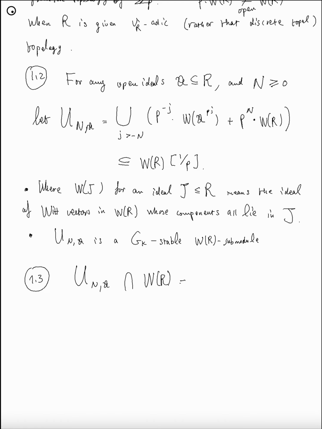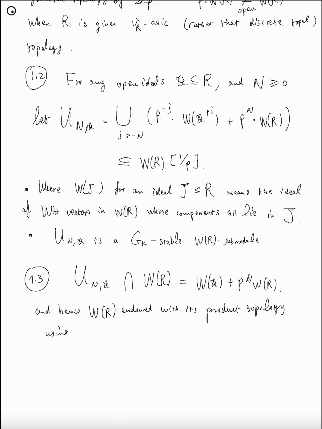So the intersection of these opens, this is a fact I'm not proving here, and hence WR endowed with its product topology using the p-adic topology, R is a closed topological subring of this WR invert P.